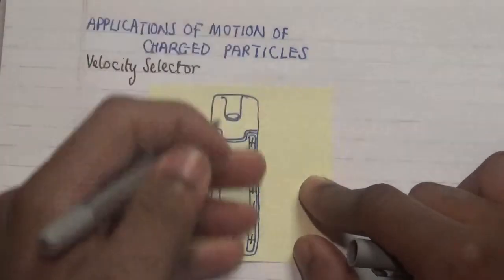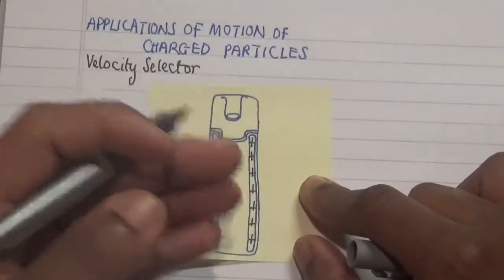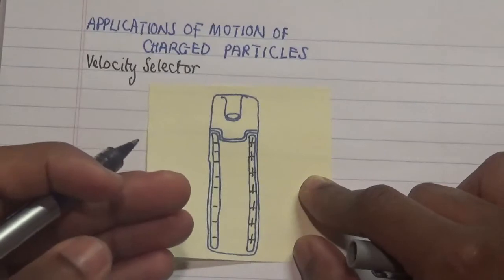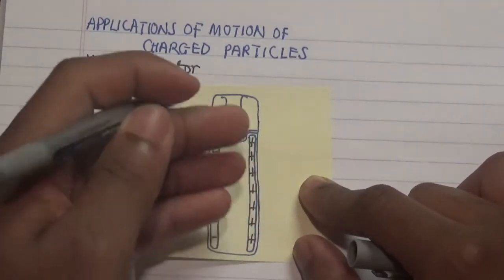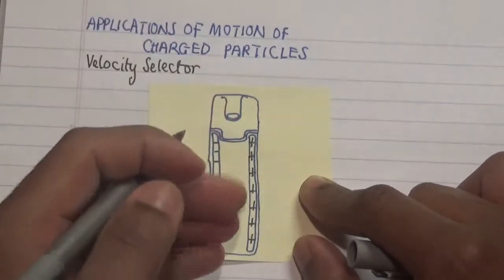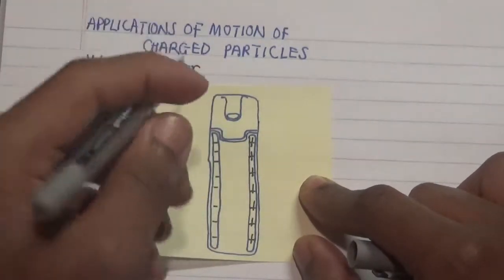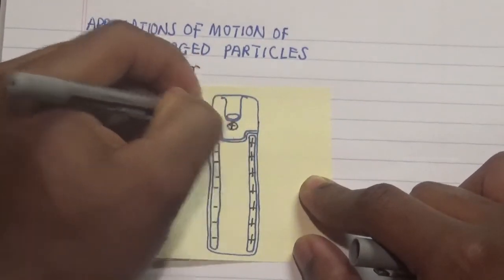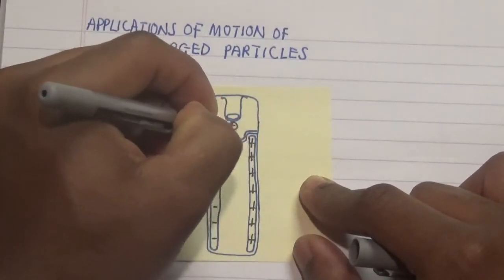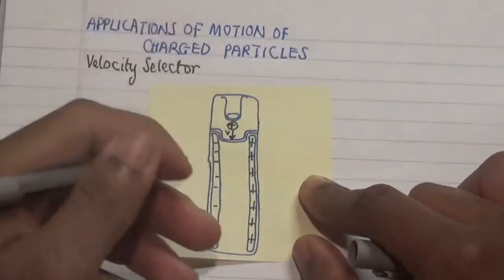Why am I putting the rods here and leaving them positive and negative? Because I'm trying to introduce an electrical field in that particular chamber channel where our charged particle, which is this particle here, positive and moving at a specific velocity, is going to be passing through.